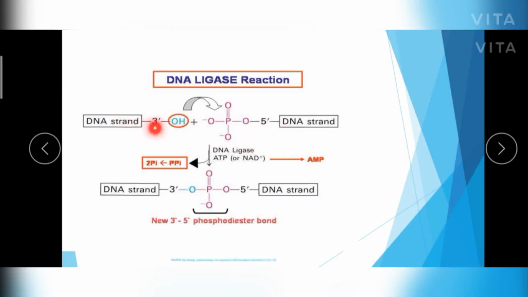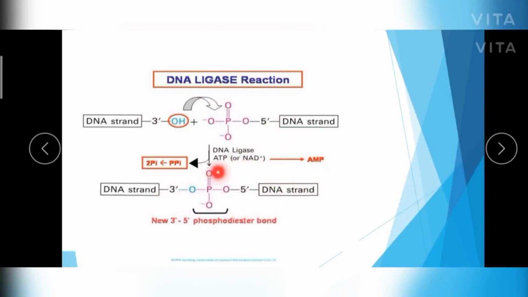Suppose you want to join two DNA strands, the bond is formed when the 3' hydroxyl group attacks the 5' phosphate group of the adjacent strand. By the formation of this phosphodiester bond, the two strands are joined.